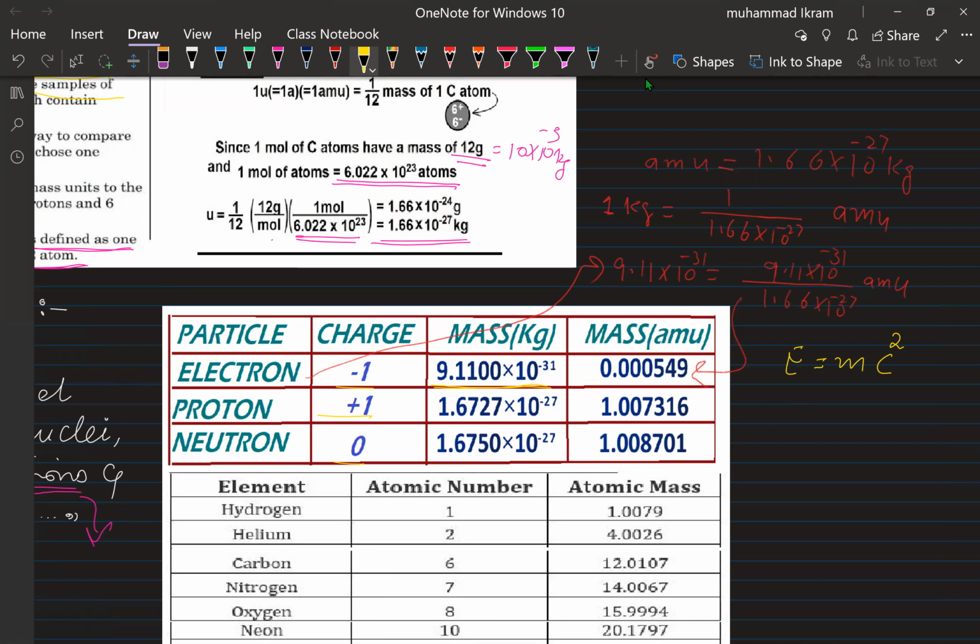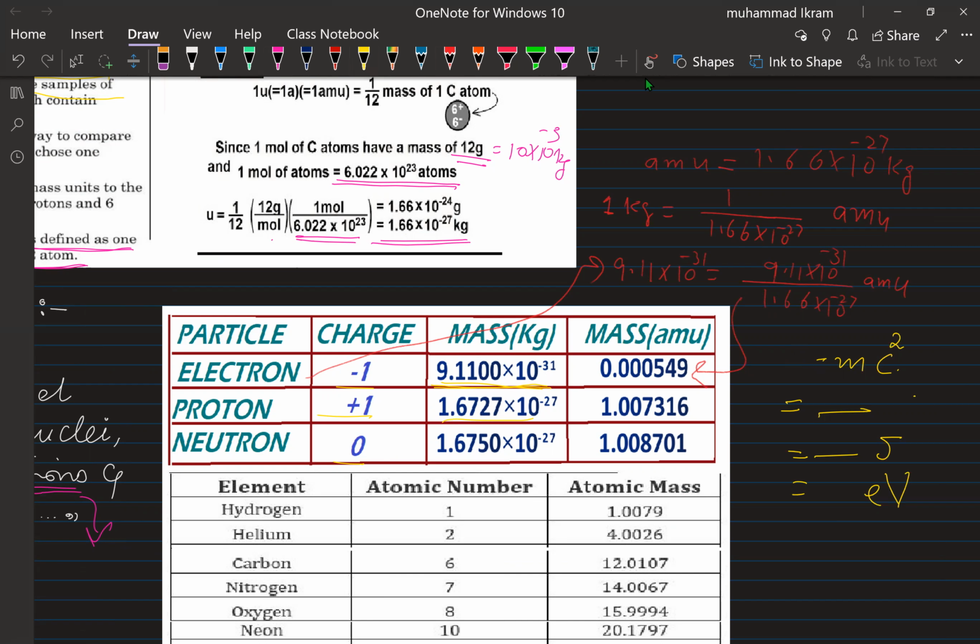You can put the mass in kilogram and the value of c, and you will get the answer in joule, and then convert the joule into electron volt. Similarly, you can calculate the masses in terms of energies also.